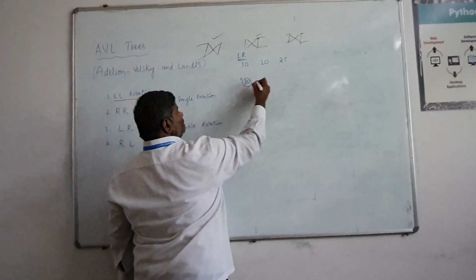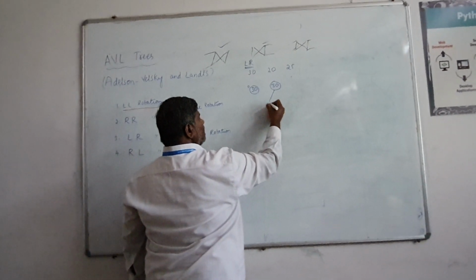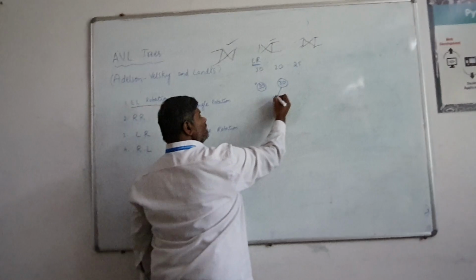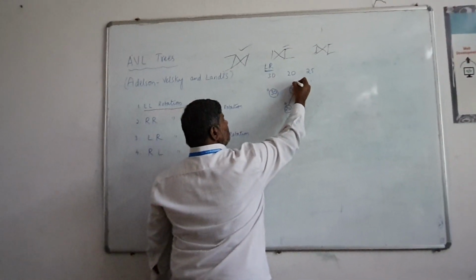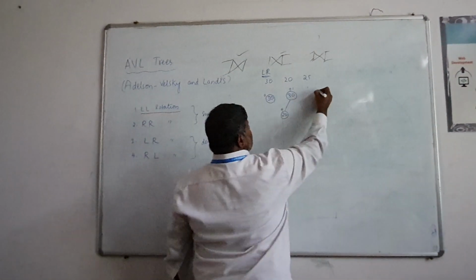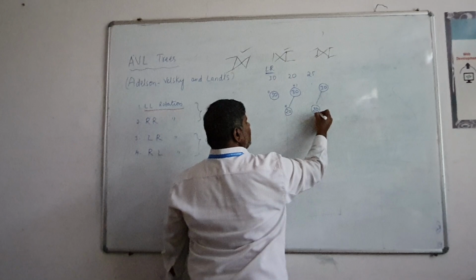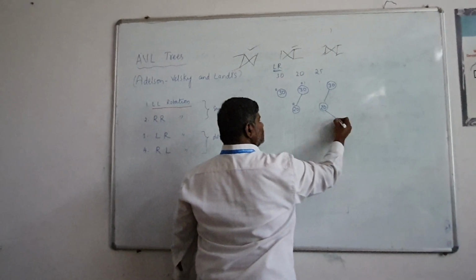Balancing factor is 0. Then 20 will be left of 30. The balancing factor here is 0 plus 1. Next one, 25. 25 is less than 30 but greater than 20. So it will come on the right side.